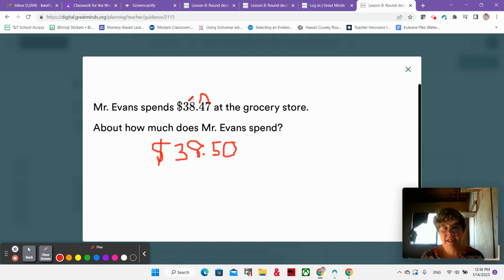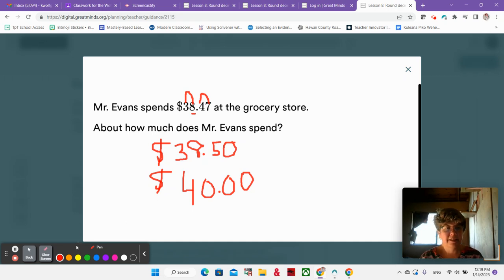Or we could move to the ones and look next door, and we could say he spent about $40 because 38 is very close to 40, right? Looking at our ones place tells us that we're very close to 40. So we could say he spent $40. Did you agree with that?